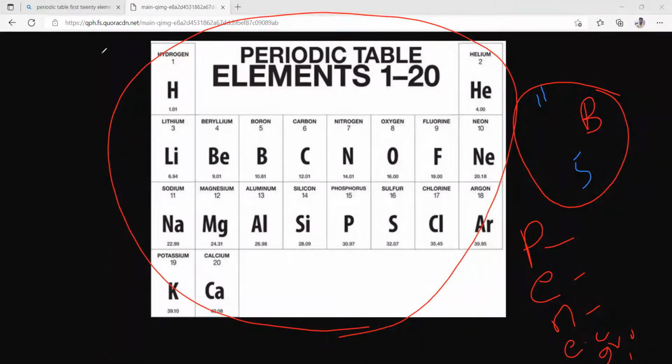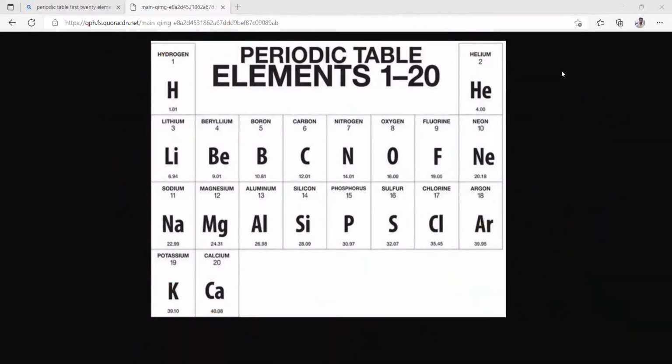Right. Now we shall move to the next one regarding this. The charged ions. Now we have studied about the neutral ions. We are going to study the charged ions.